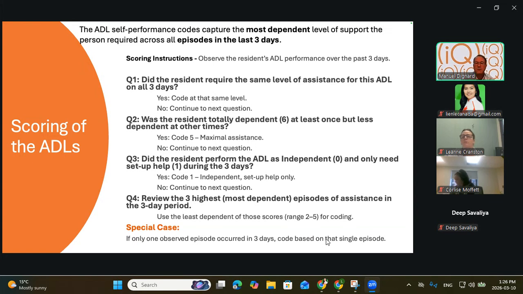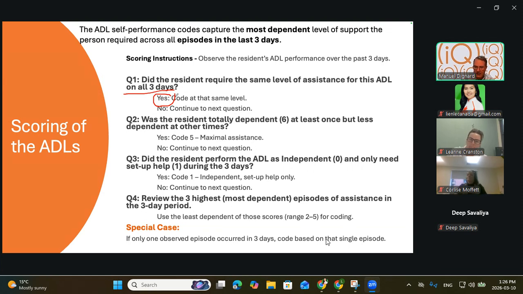So question 1, did the resident require the same level of assistance for this ADL on all 3 days? So if everything's the same, then that's pretty simple. We code that level. Everything's a 5, then you go to 5. That's pretty straightforward.